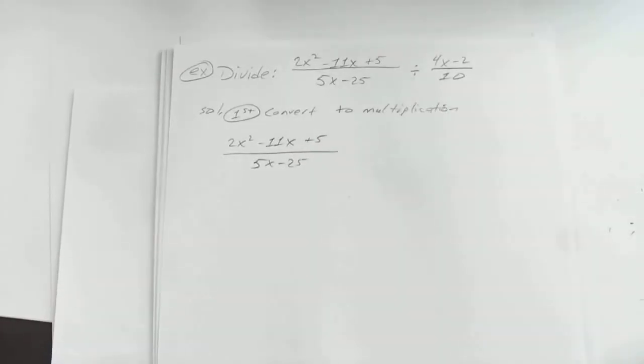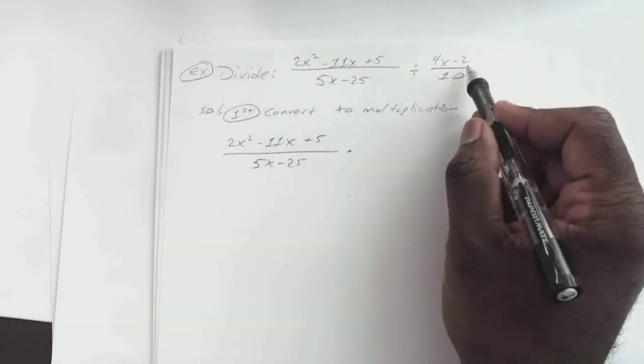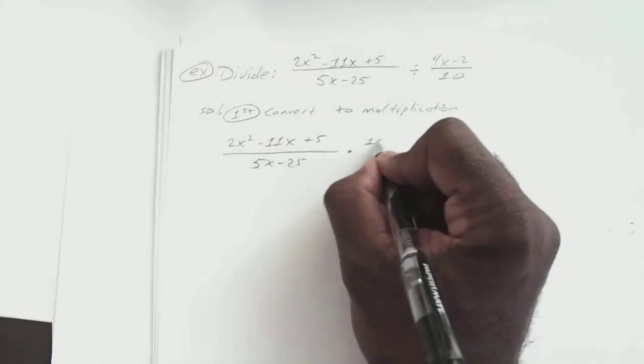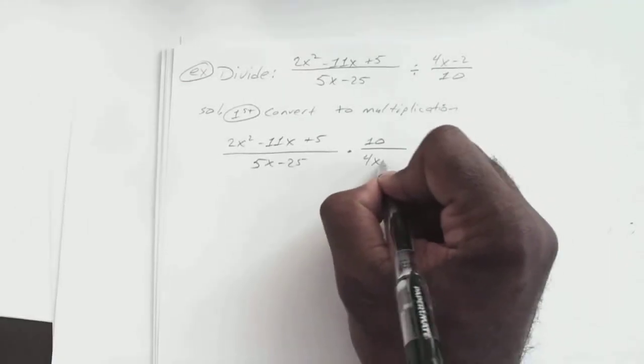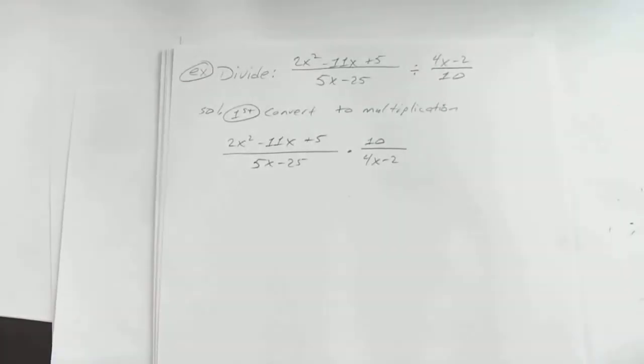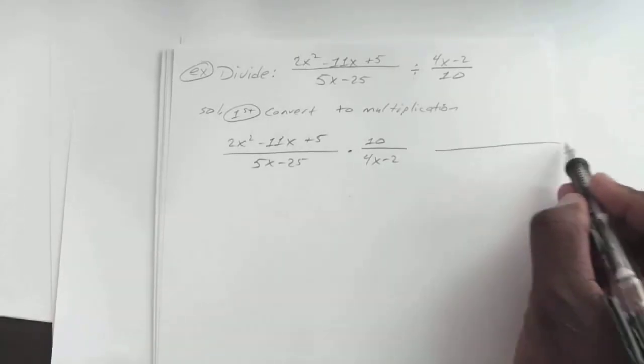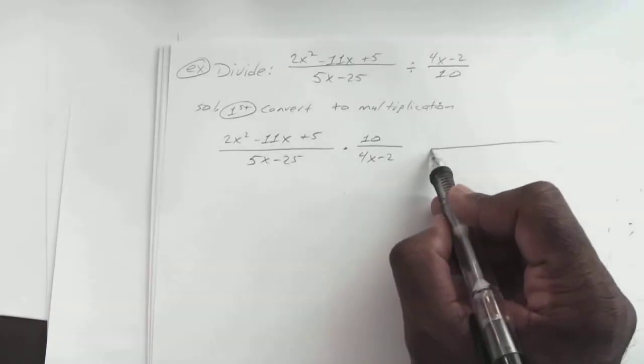Change our division to multiplication, and then we flip the second one. So instead of 4x minus 2 over 10, we have 10 over 4x minus 2. So now we have to factor each one of those and see what cancels out. So we can go ahead and do that on the side.